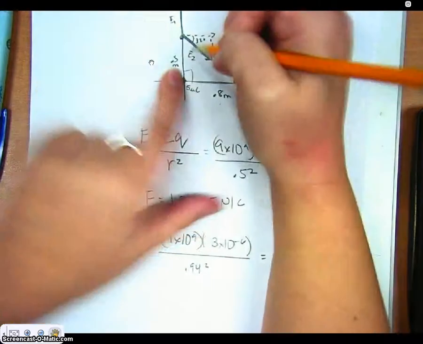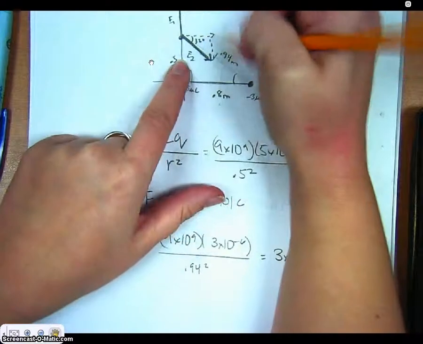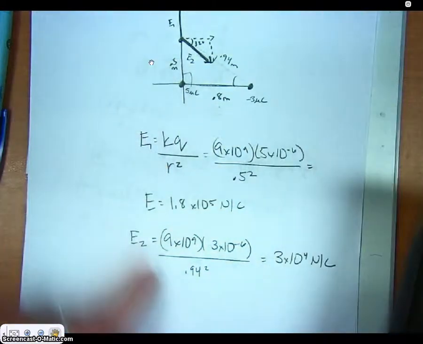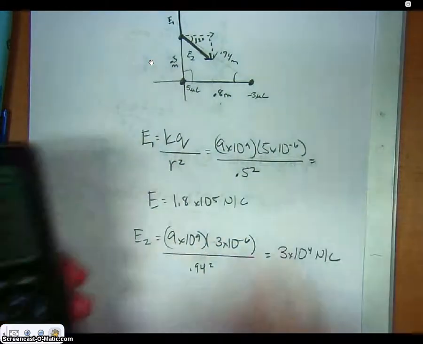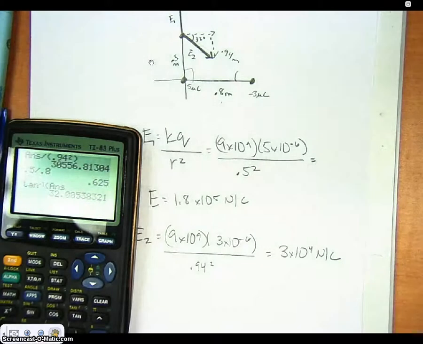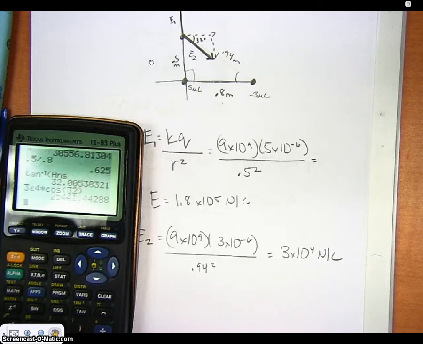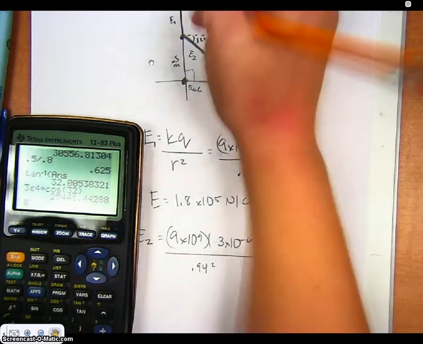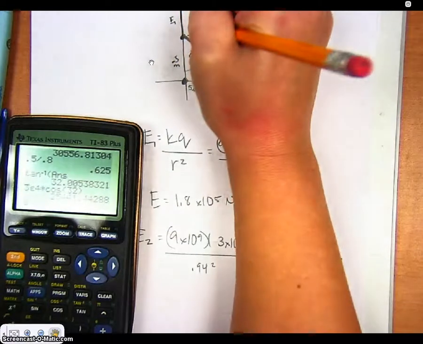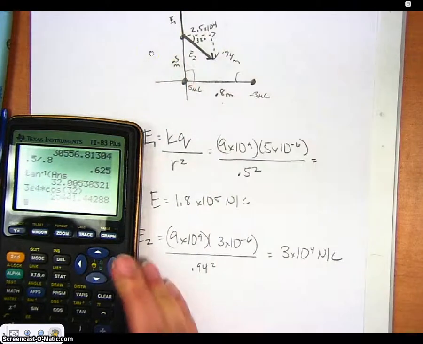Then we just need to find the components of this vector. Remember, this is 3 times 10 to the 4th. So 3e4 times the cosine of 32 gives me 2.5e4, so 2.5 times 10 to the 4th for that.